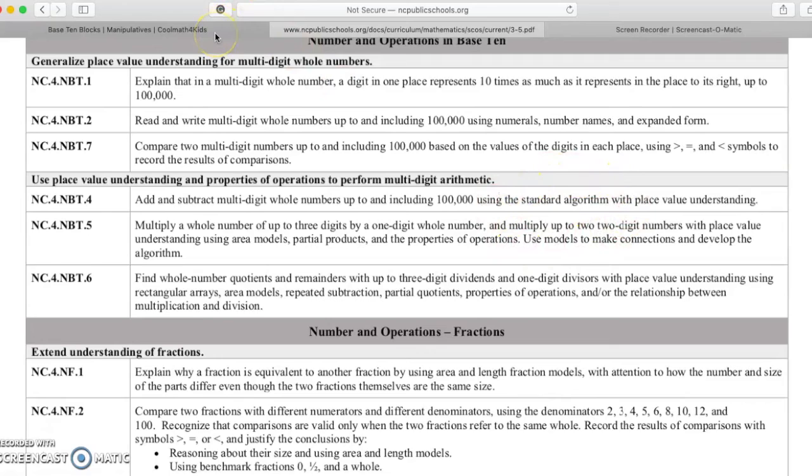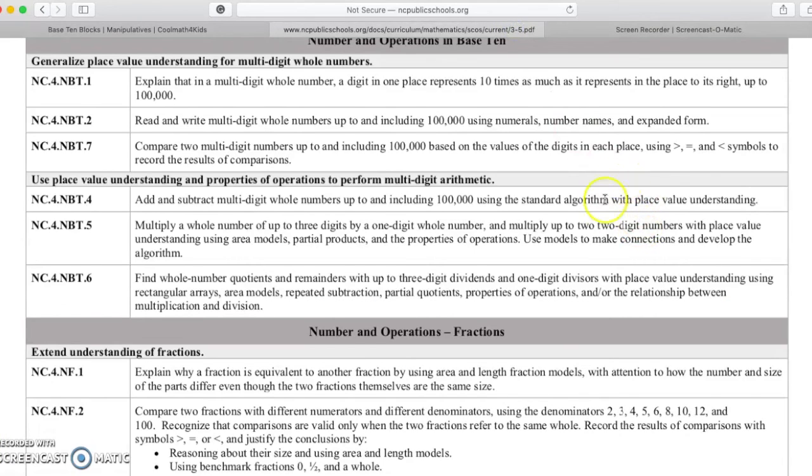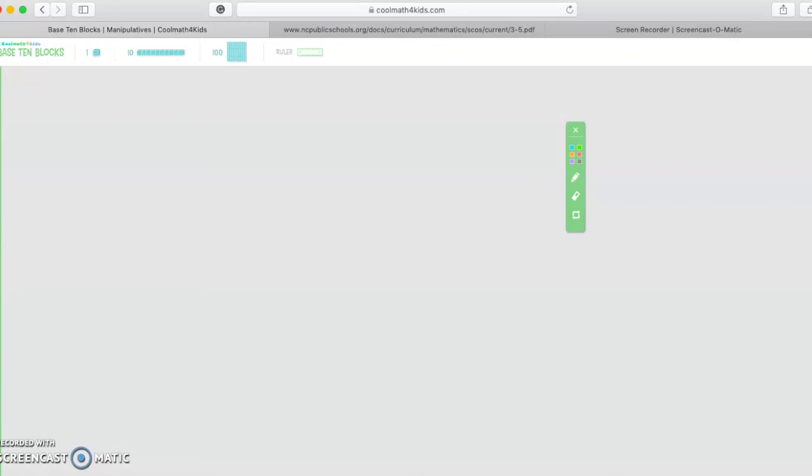A really important thing within the fourth grade is using the standard algorithm. Up until the fourth grade, students are mainly focused on comprehension and understanding place value. That's why if you look at the standard, it says with place value understanding. However, when you get to the fourth grade, they want you to use the standard algorithm.